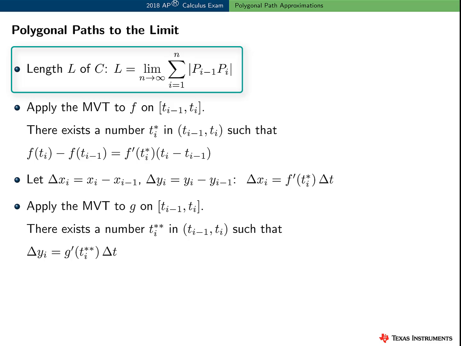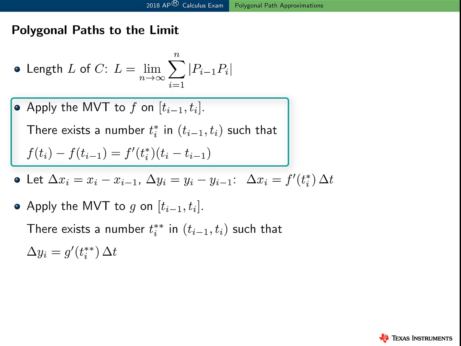It seems reasonable that the length L of the curve C is the limit of straight line distances. We can take more and more points on the curve C, and our approximation gets better and better. If we apply the mean value theorem to f on the interval t sub i minus 1 to t sub i, there exists a number t sub i star such that this is true.